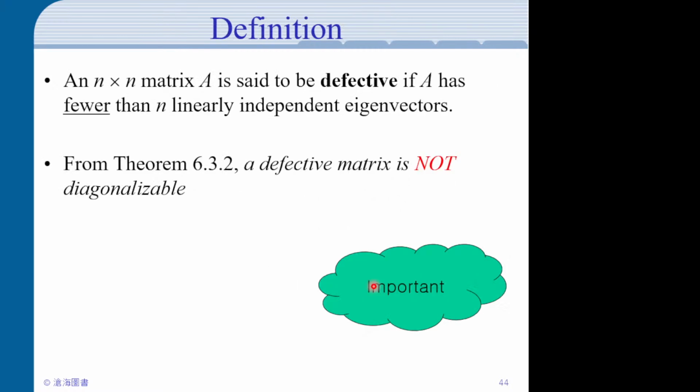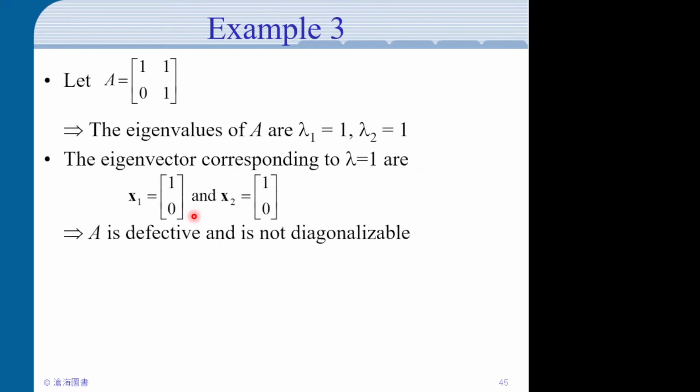And then finally we go to the basic example. The basic example is when you have fewer than n linearly independent eigenvectors, and this can happen. As we said, this is not diagonalizable, and this is a prime example of a defective matrix, this triangular matrix.